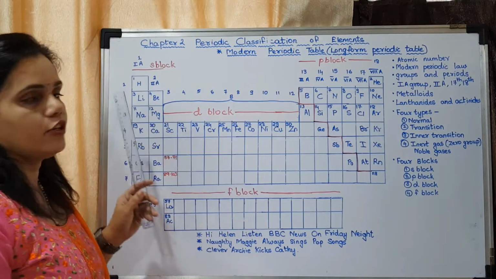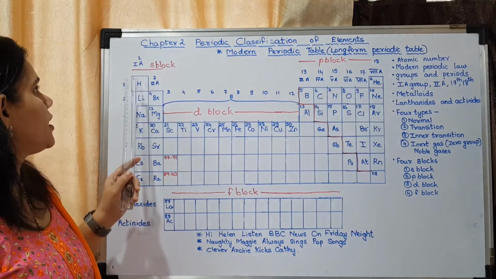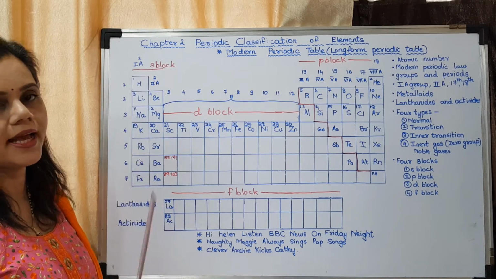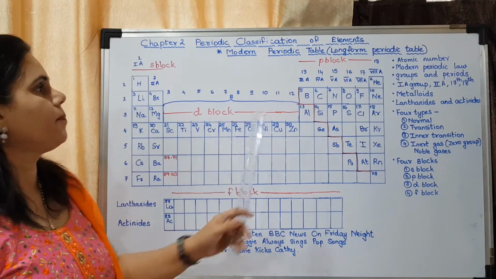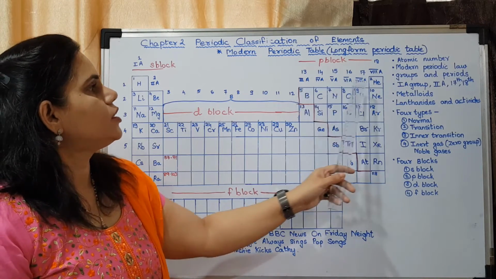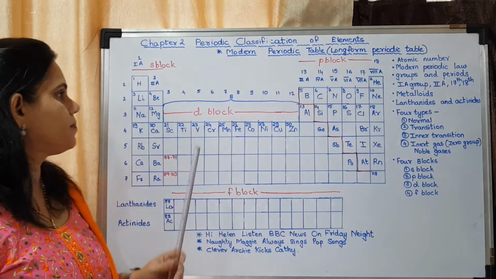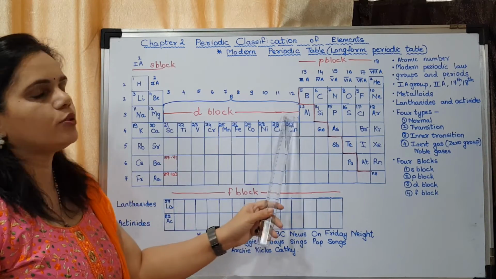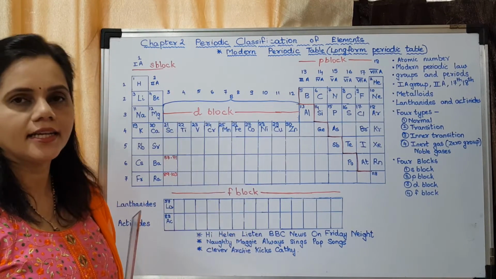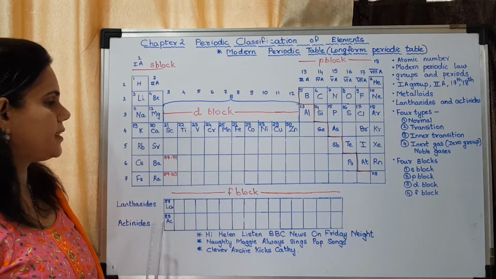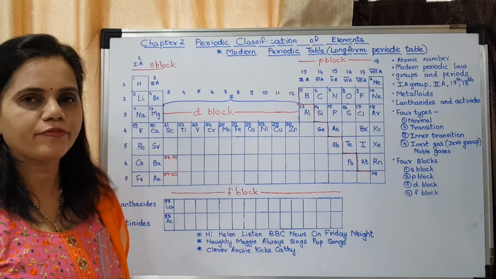Here you may see the elements belonging to first A and second A. The first group and second group are called S block elements. 13 to 17 or 18 are called P block elements. 3 to 12 are called D block elements. And the lanthanides and actinides are called F block elements.